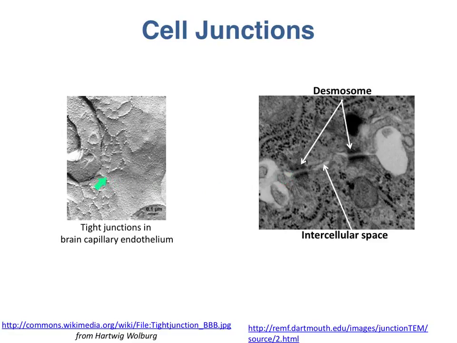Right here you're seeing an electron micrograph, looking at the surface of a cell, and you can see the proteins in the membrane of that cell. And these proteins would connect to proteins in the surface of a neighboring cell.